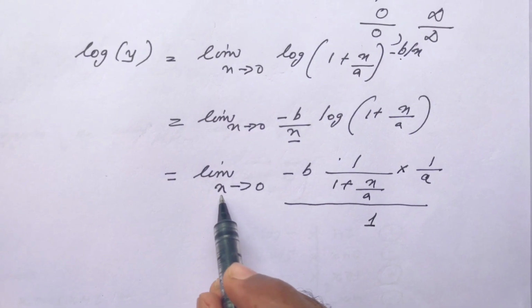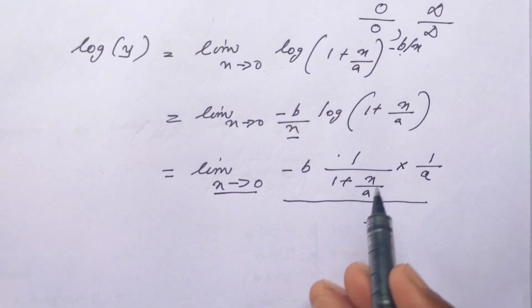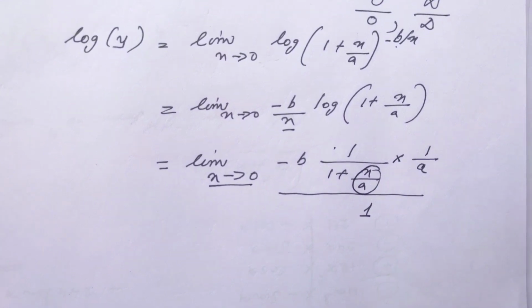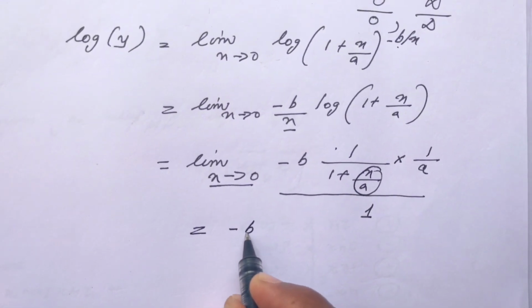Now we apply the limiting value x tends to 0 here. This term will become 0 and the final answer will become minus b by a.